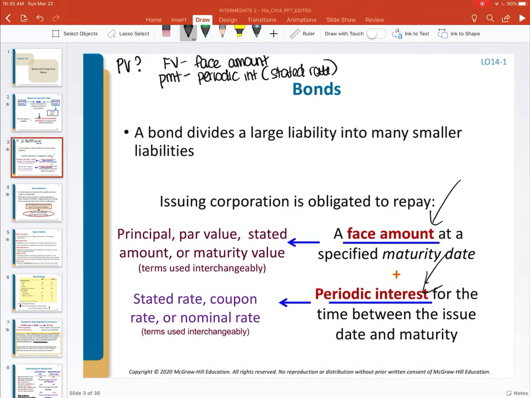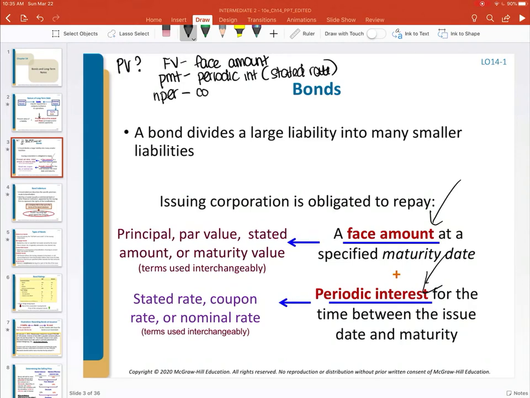We're going to be asked for a number of periods, NPER, and that's not necessarily just the number of years that the bond is outstanding, but it's going to have to be the number of compounding periods. So really, how many times is interest being paid throughout the maturity period?